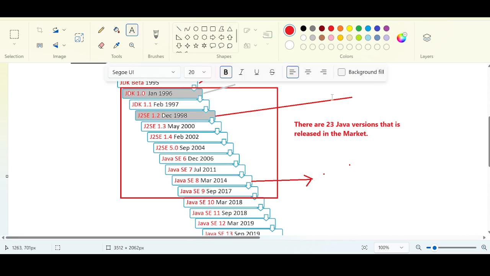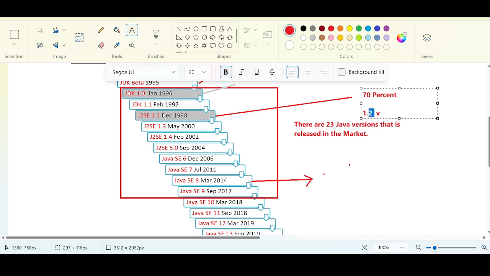70% of Java was introduced in this version. How many percent? 70% of the Java programming language was introduced in which version? The 1.2 version. When I say 1.2 version, the number 2 gives the significance.